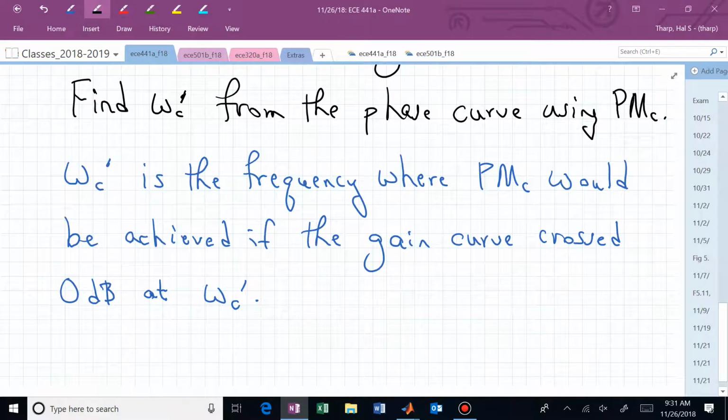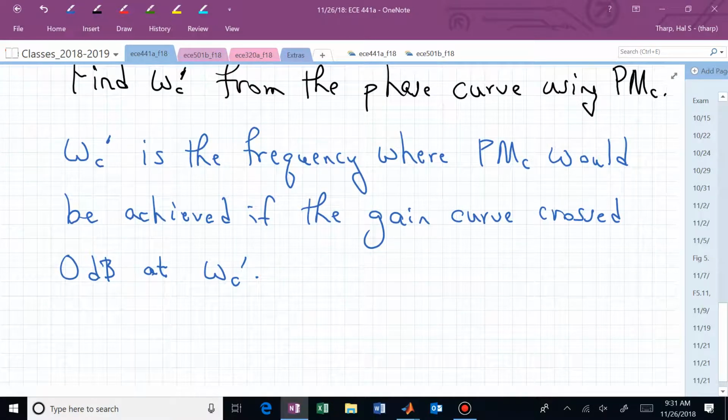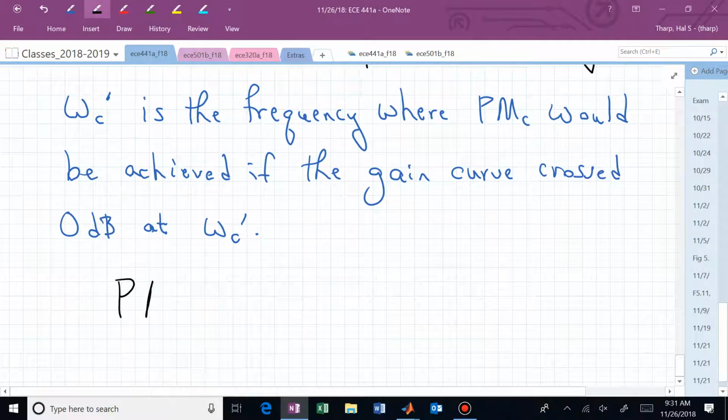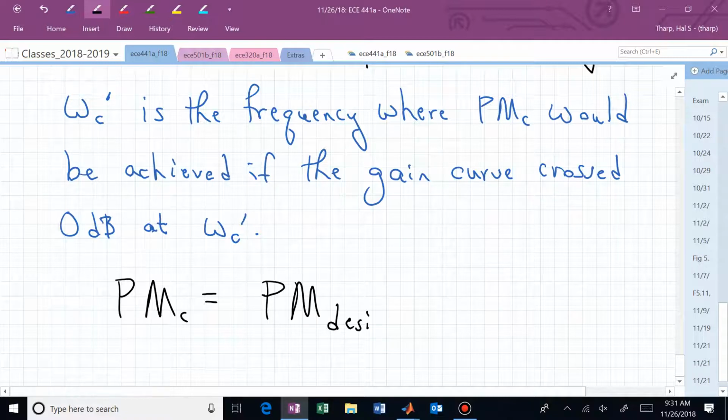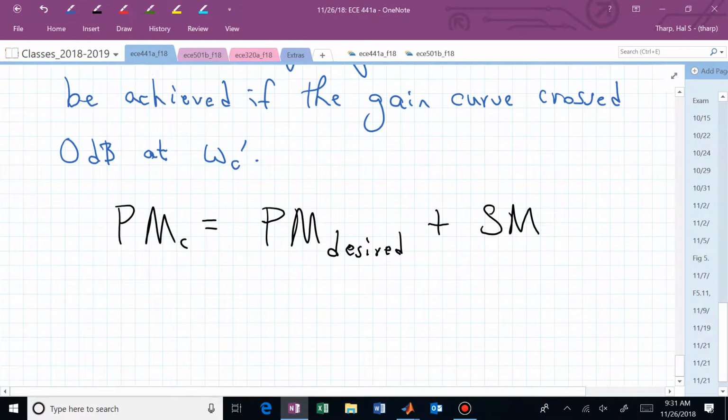And now I haven't really said what Pm sub c is, so let me define that. The compensated phase margin, Pm sub c, is the desired phase margin plus SM. SM is safety margin.